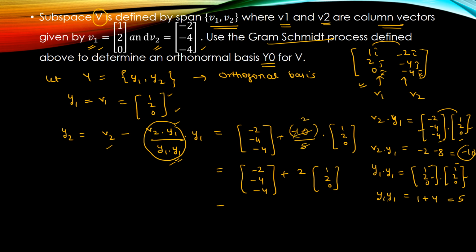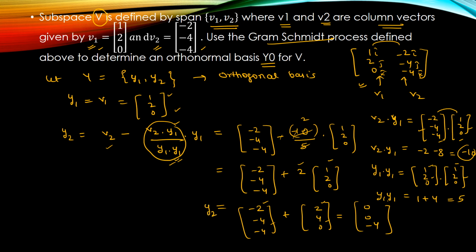Now multiply this scalar 2 with all these elements. 2 ones are 2, 2 twos are 4, 2 zeros are 0. Now solve it. 2 minus 2 is 0, 4 minus 4 is 0, and this is minus 4, right? So this is how we get y2.